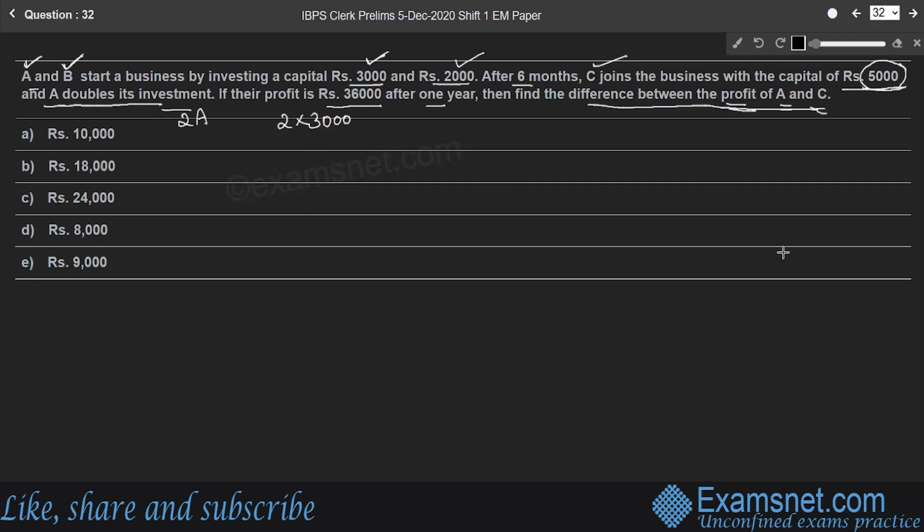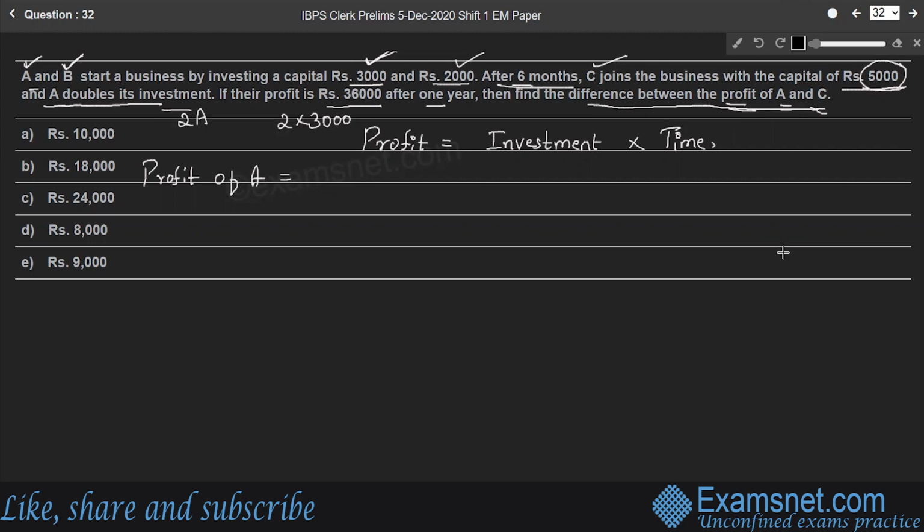For this, we need the formula of profit, based on the investment, profit is investment into time, right? So here, what is the profit of A? Profit of A is equal to, so A has invested 3,000 rupees in the first 6 months.